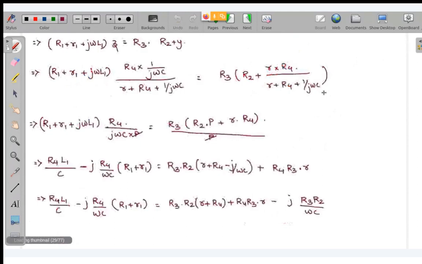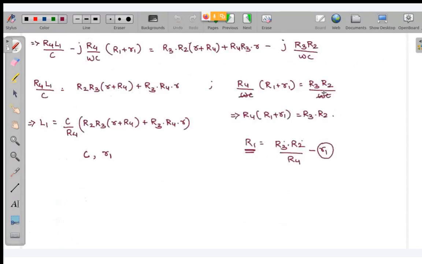Tell me, is it clear? Any doubt? So these two are the expressions. Any doubt in this? Did we understand? So note it down quickly if you haven't noted any point.